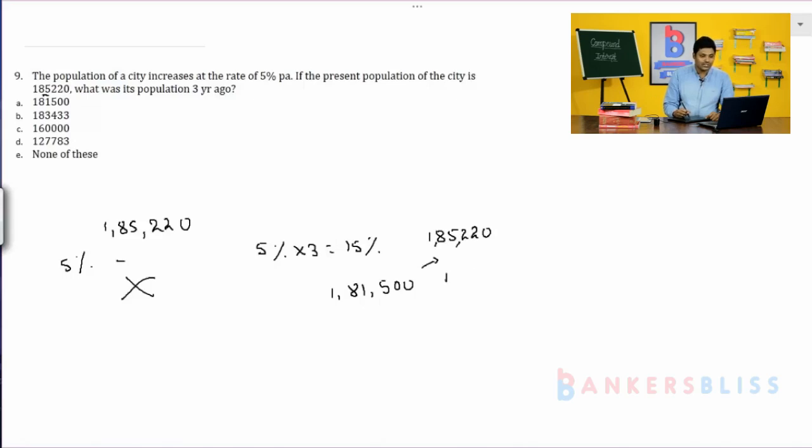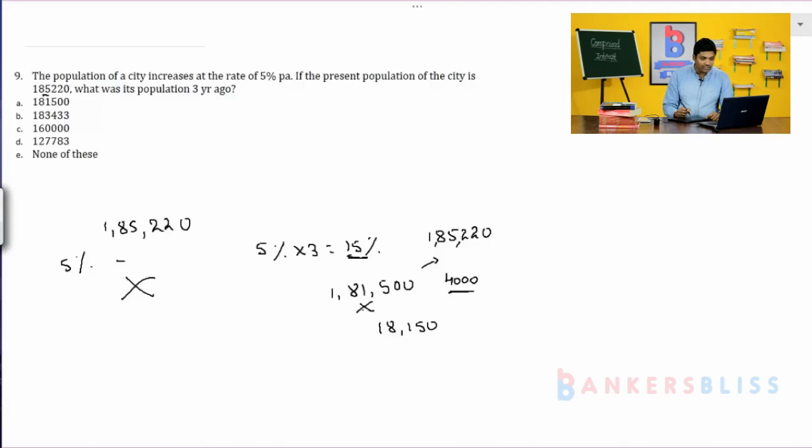Approximately 4,000 we can say. If we calculate 10%, we are going to get 18,150, but we have to calculate 15%. The difference is only 4,000, we should get only 4,000.